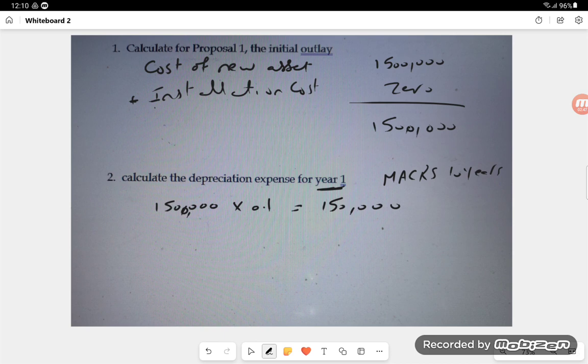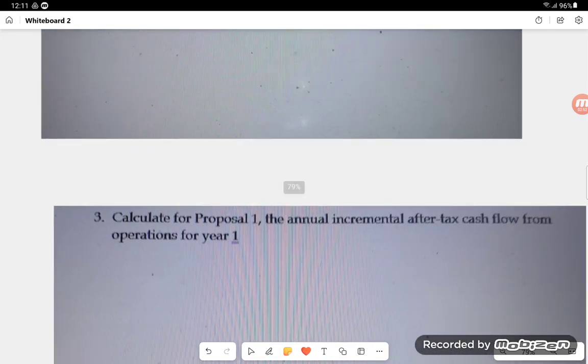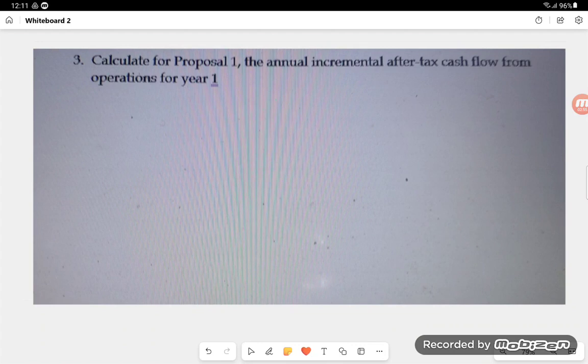Number three. Calculate for proposal one the annual incremental after tax cash flow. After tax cash flow equals earning before taxes minus taxes plus depreciation.